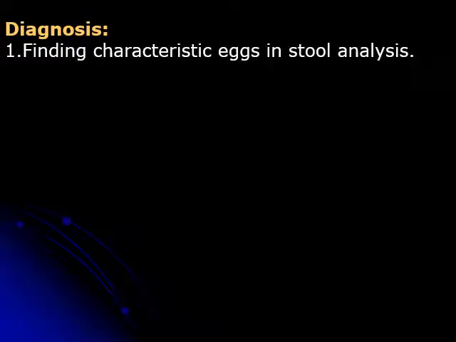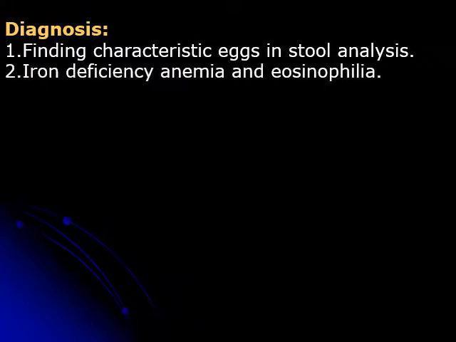Diagnosis of hookworm disease: finding the characteristic eggs in stool analysis. The adult worm can produce about 25,000 eggs per day. Iron deficiency anemia and eosinophilia. We also know that about 1 milliliter of blood is taken by each adult worm per day.